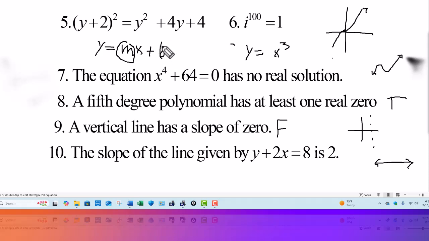The b would be the y-intercept, which would be (0, b). So if I take this one and solve it for y, this would be negative 2x plus 8. The coefficient of the x is negative 2. So the slope is negative 2, not 2. So this is false.